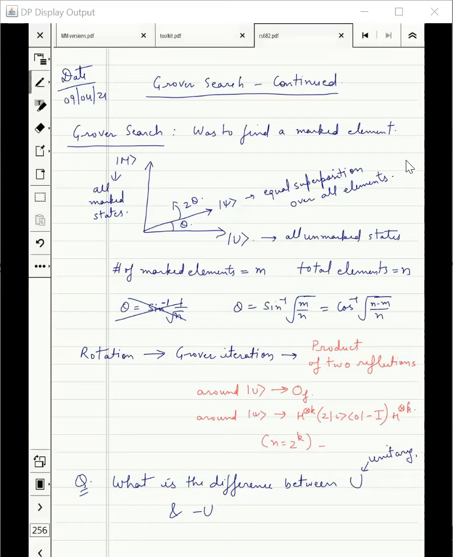Okay, but remember when we talked about oracles, we talked about some oracle which takes value i and gives (-1)^{x_i} to i. There was some discrepancy here.